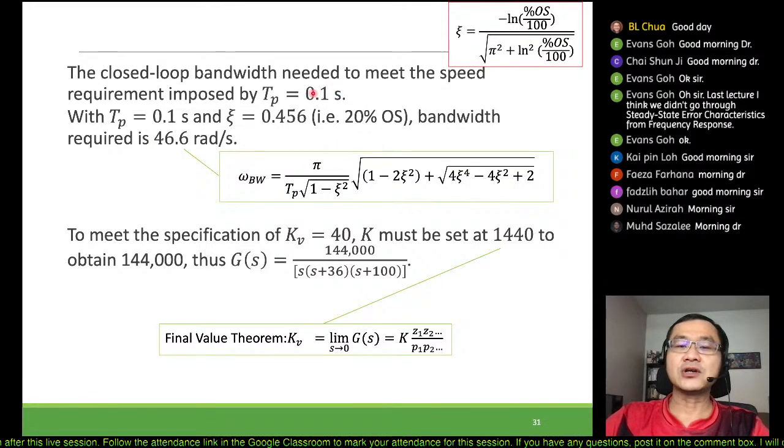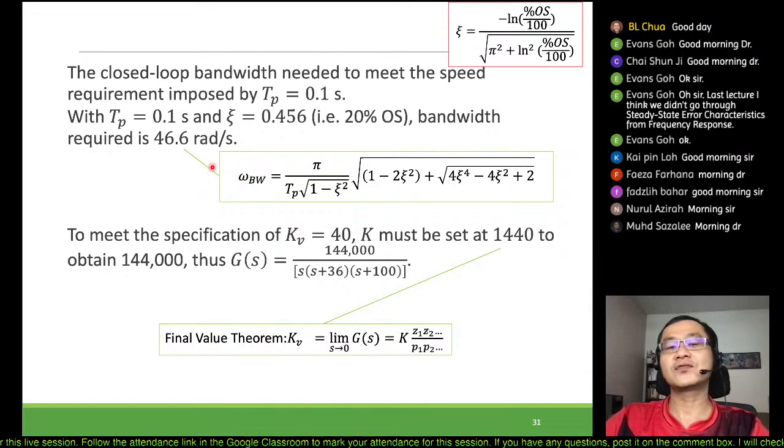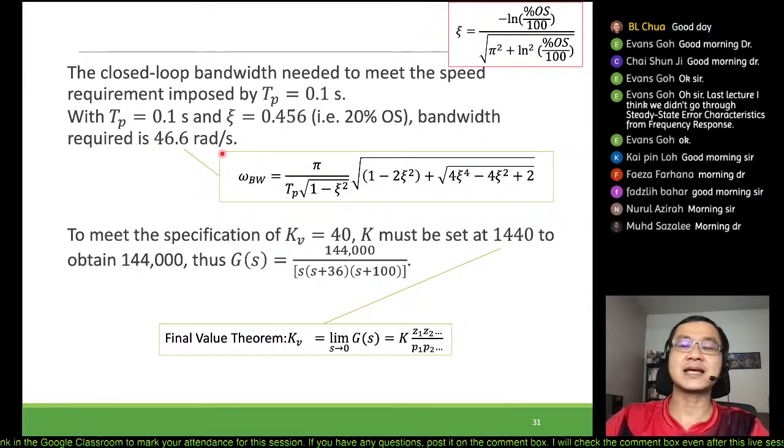So based on Tp equals 0.1, we substitute 0.1, and for the damping ratio, with 20% overshoot, we apply this and get about 0.456 damping ratio. We would obtain this bandwidth frequency at 46.6 radians per second.